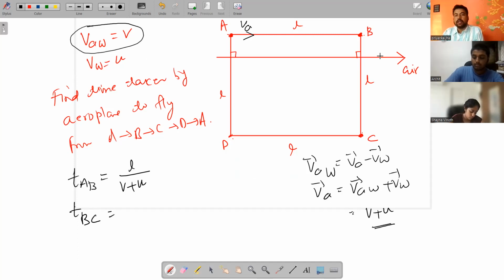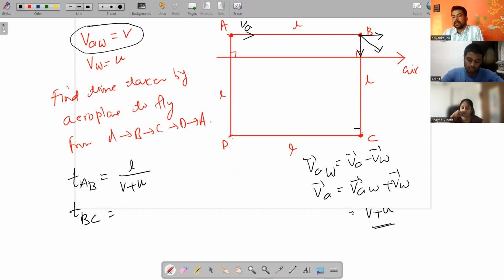Now you see, if the aeroplane starts along line BC, then this is the velocity of the aeroplane, and towards the right, this is the velocity of air. So air will drag it to the right, and the aeroplane will drift like this. So the aeroplane cannot reach point C, because net velocity will be in this direction.